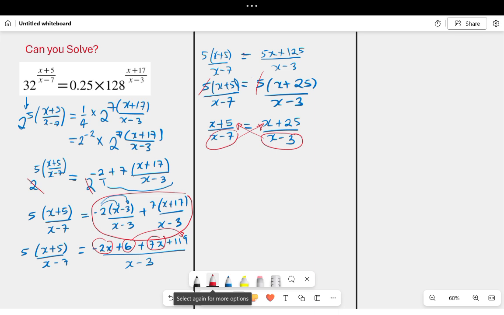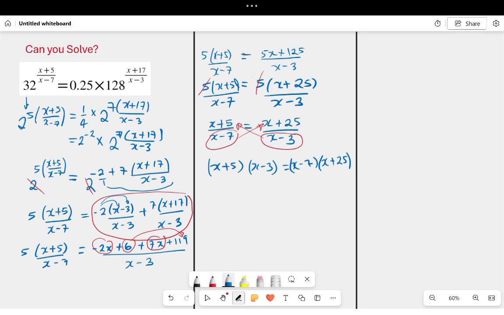So we are going to get x plus 5 multiplied by x minus 3 is equal to x minus 7 multiplied by x plus 25.